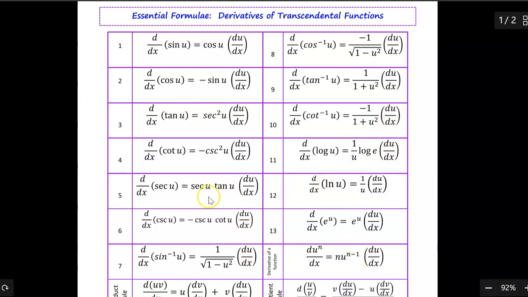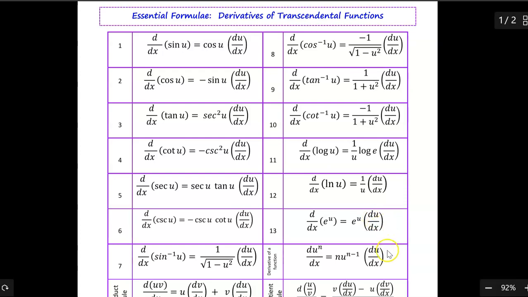As you can see, in most of the formulas that we have been working with, the final step is to multiply by the derivative of your argument, the derivative of u as a function of x, or with respect to x. Again, all the basic principles for differentiation still apply.